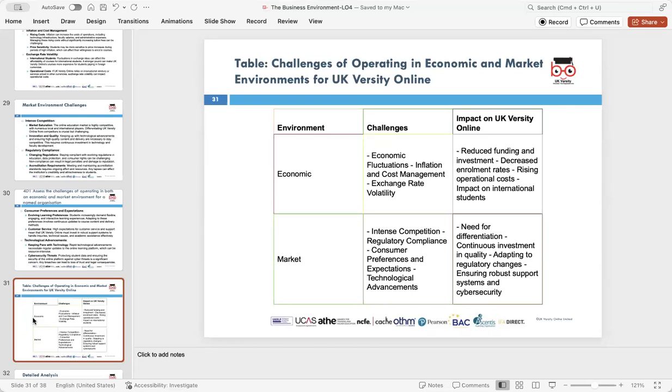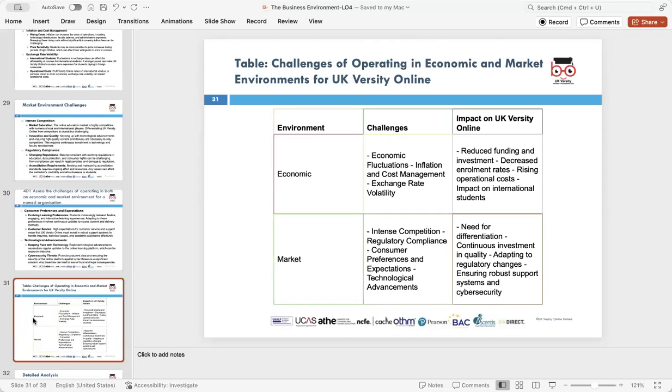Student affordability. Economic downturn can impact students' ability to afford tuition fees, leading to decreased enrollment rates.